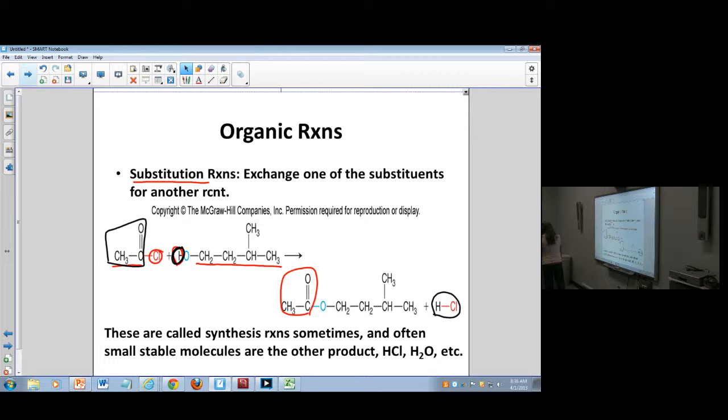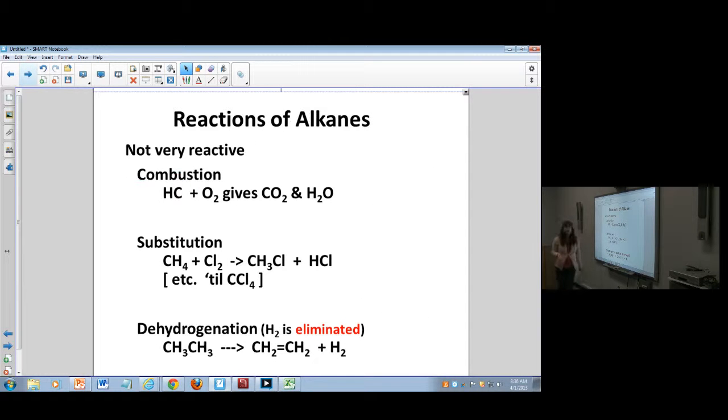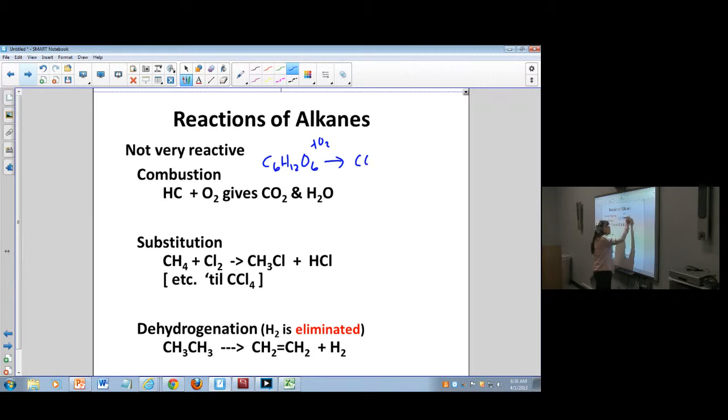So I want to talk specifically about some reactions. Alkanes, for example. We've looked at combustion of alkanes, and we know that they can be combusted. So, for example, we can take some standard sugar, C6H12O6, and we're going to end up with oxygen, and we're going to end up with CO2 and H2O.